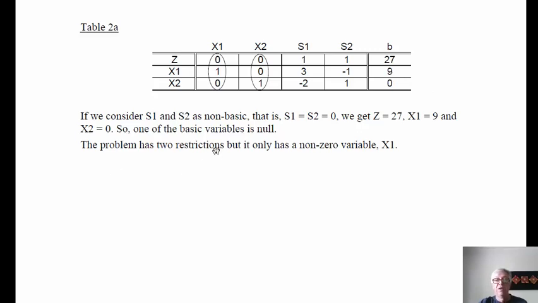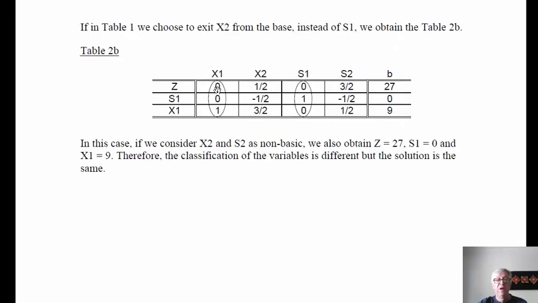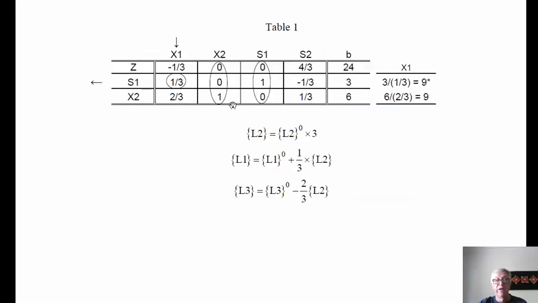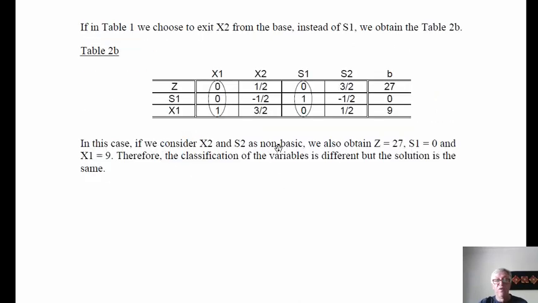So let's see what happens if we decide to extract x2 instead of s1. If we decide to extract x2, we will have this new table, and the basic variables now are x1 and s1.